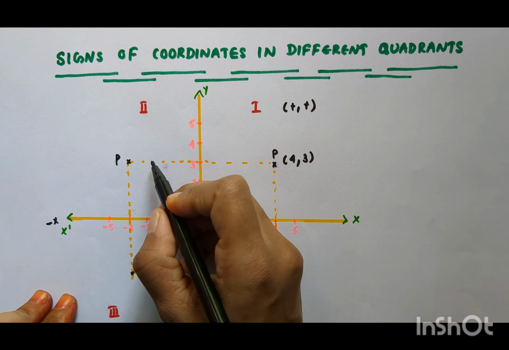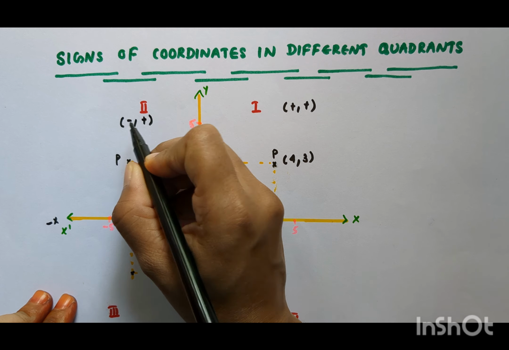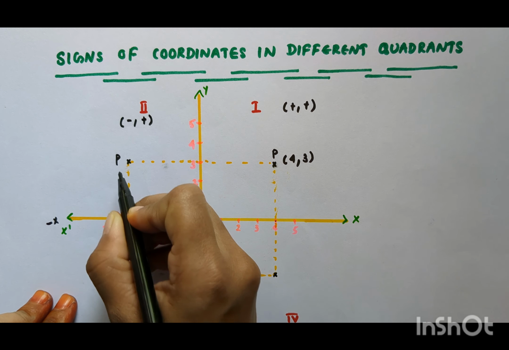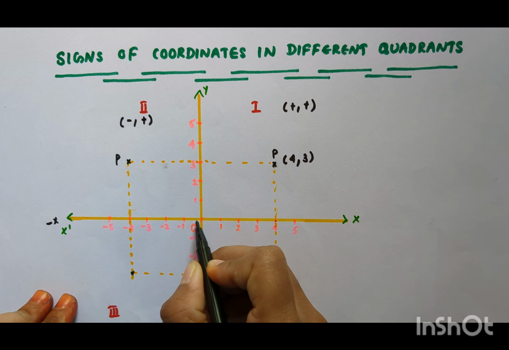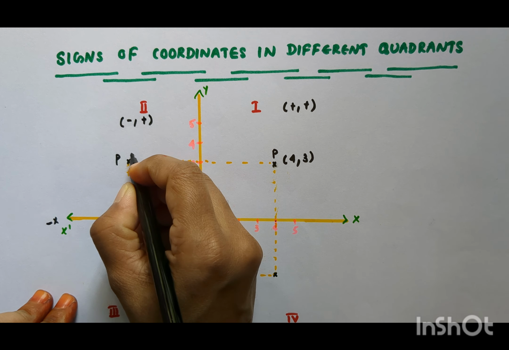So a point in the second quadrant will be of the form minus comma plus. That is, the x coordinate will be negative and the y coordinate will be positive. So for this particular point P, its x coordinate is minus 4 and its y coordinate is 3. So minus 4 comma 3.